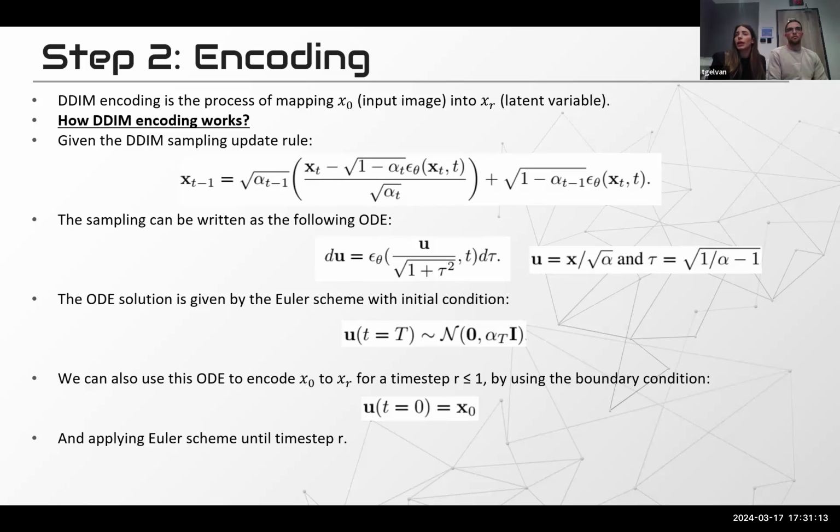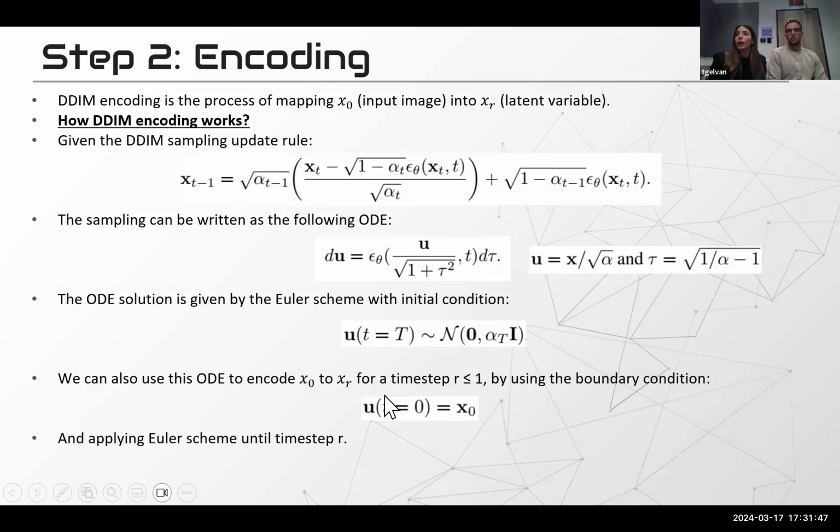So this ODE can be solved using the Euler scheme with the following initial condition, where u is distributed as a Gaussian with a variance of alpha capital T, which is the following Gaussian. What we can do is use this ODE to encode the input image x0 into x_r, our latent variable, for time step r smaller than 1.